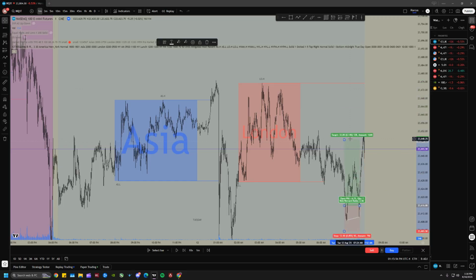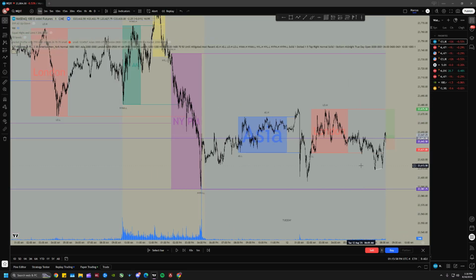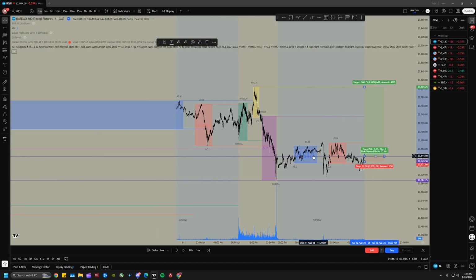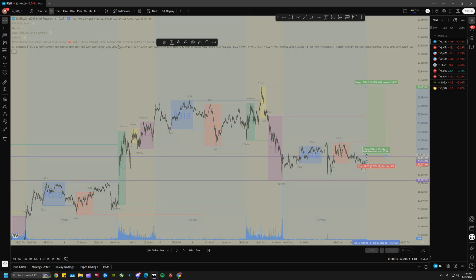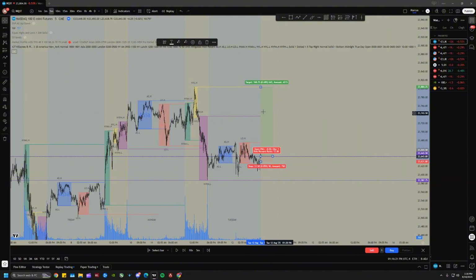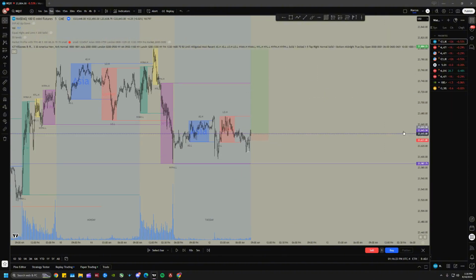Sometimes I would get a really good fill, or price would be floating above it, and then we would tap into it, and then we would deliver. But it does not have to be perfect. So you see, we have 3 kill zones. This is how I get my targets for my trades, and sometimes you could even also take it off of another level. If there's a 55 level above you, you can also take it off of there.